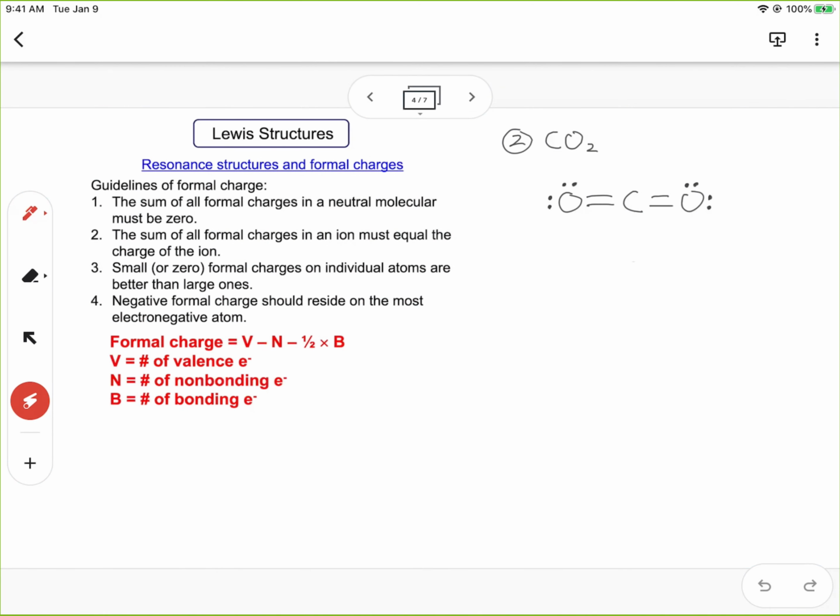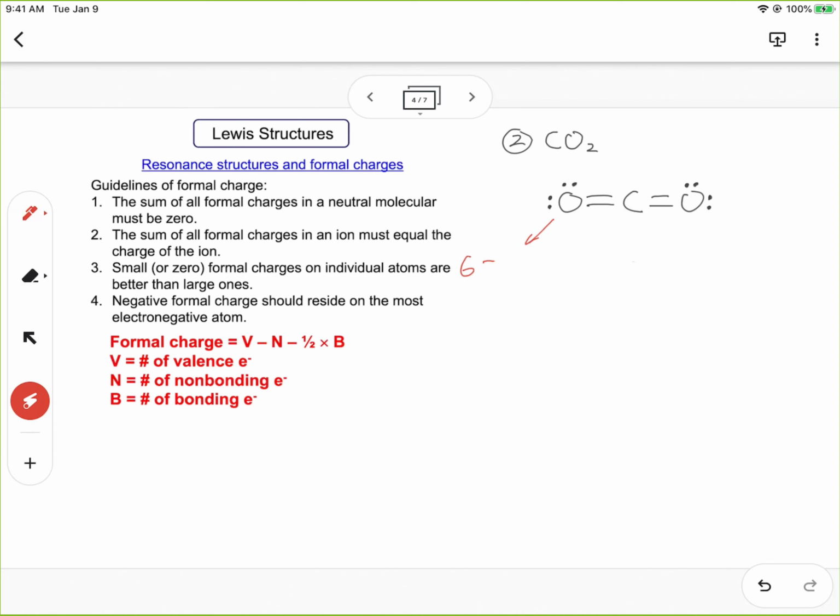Now let's take a look at carbon dioxide. This is the Lewis structure of carbon dioxide, and let's calculate the formal charge for this oxygen. It's 6 valence electrons minus non-bonding electrons. You have 4 non-bonding electrons, 2 lone pairs.